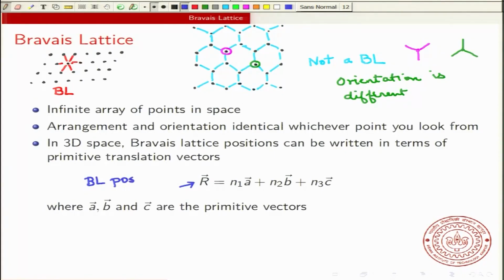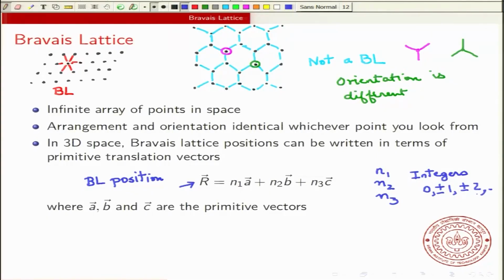It is the 3 dimensional coordinate of one of the points on the Bravais lattice, and n1, n2, n3 are integers. That means they can be 0, plus or minus 1, plus or minus 2, and so on. They can be any positive or negative number, or they can be 0.